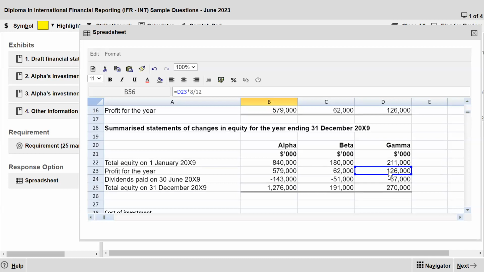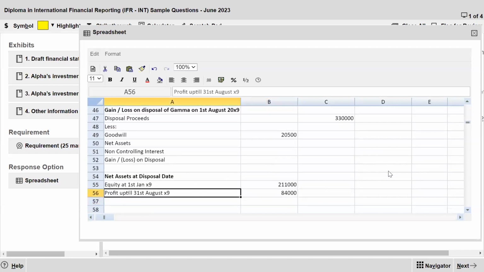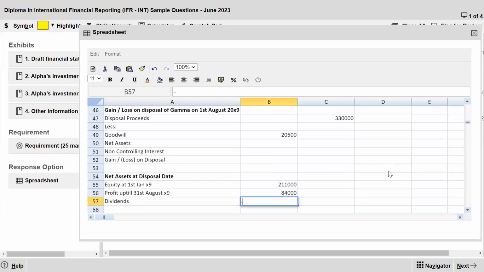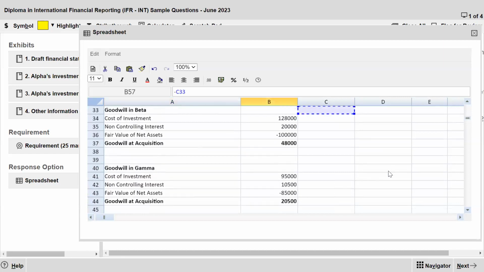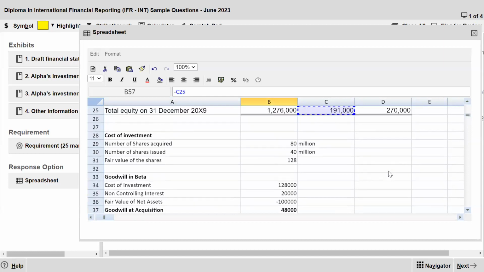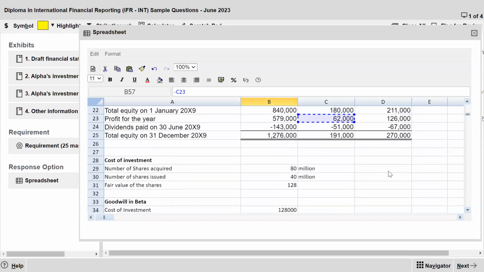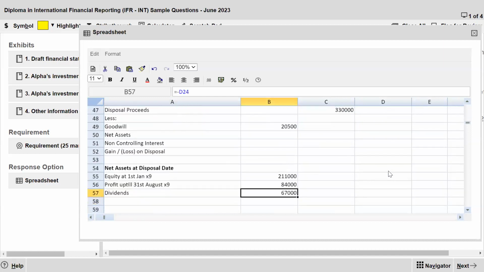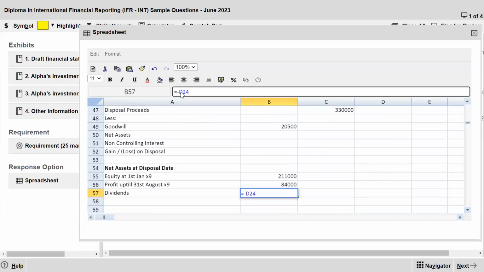So you get 84,000. The dividends that have been paid will have an impact of reducing the net assets.